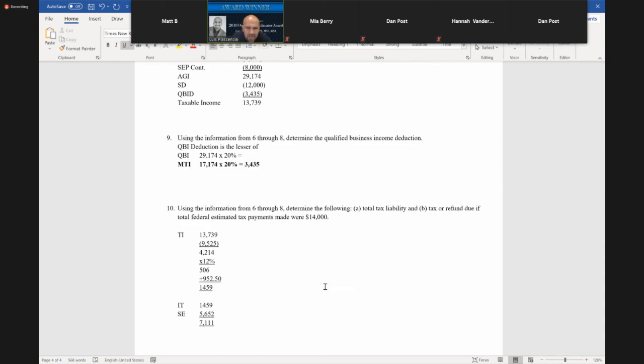Okay. So on this alone, federal payments of 14,000 less 7,111 will yield a refund of, what's the refund? What would be the refund?